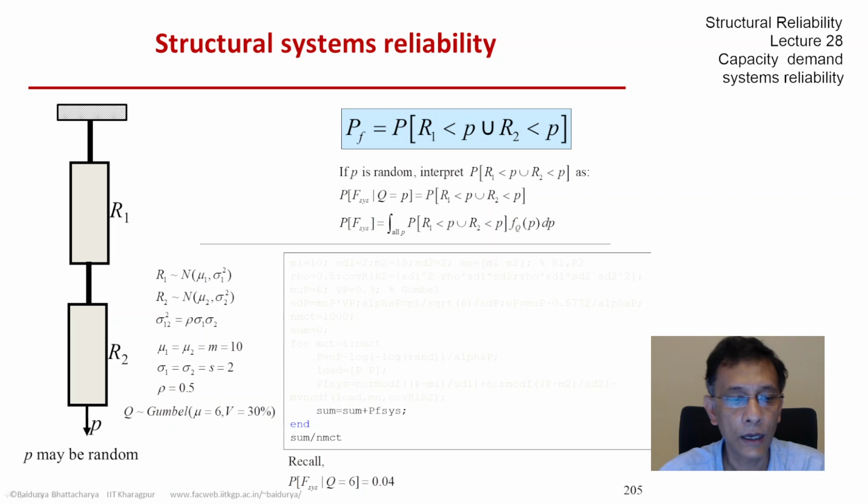I wanted us to remember that when Q is exactly 6, the mean value, with no uncertainty, PF sys was approximately 0.04, and with this, after about 100,000 simulations, the expectation we computed is about 0.11.